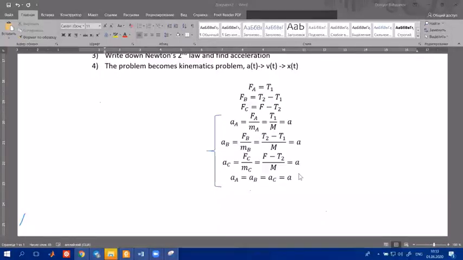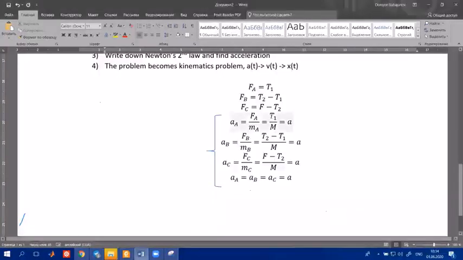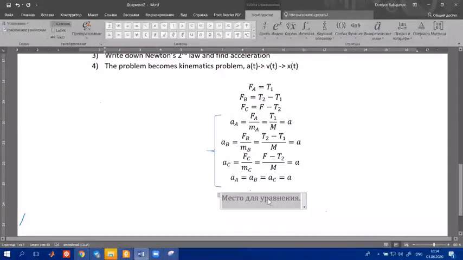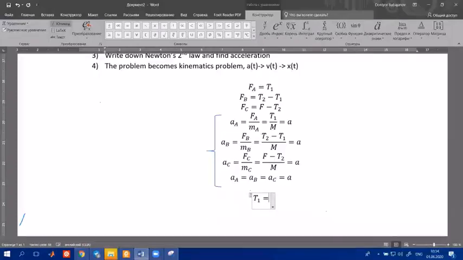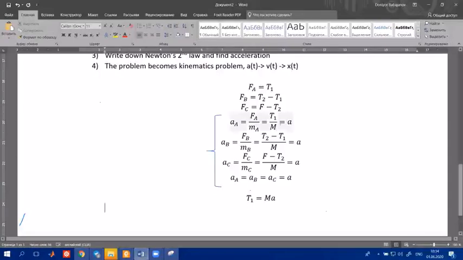Or we can write Newton's second law in another form. From the first equation we can write T1 equals ma. This is from here. T1 is equal to m multiplied by a.